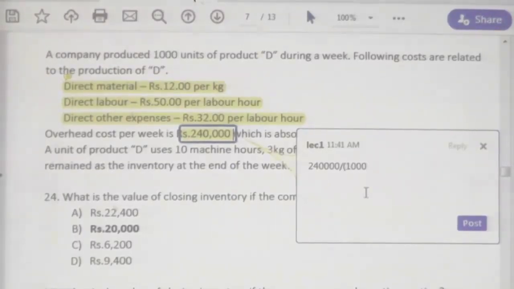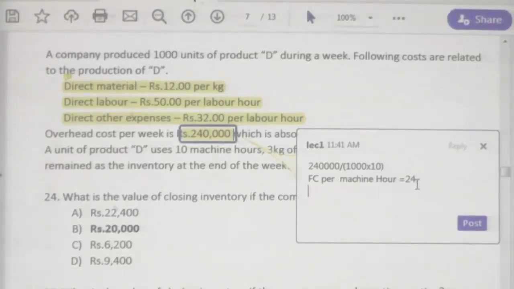Therefore, 1000 units multiplied by 10 machine hours gives 10,000 machine hours. How much is the fixed cost per machine hour? 240,000 will be divided by 10,000. Therefore, fixed cost per machine hour will be 24 rupees.